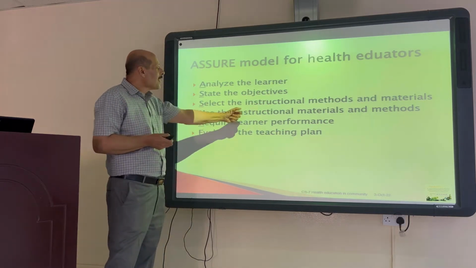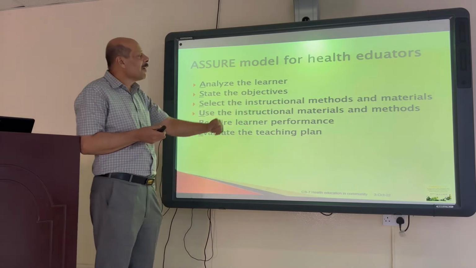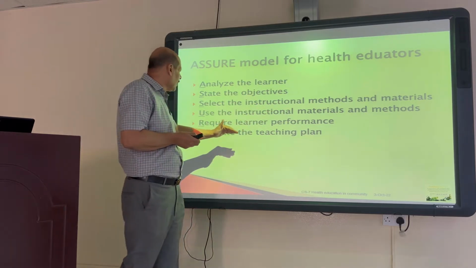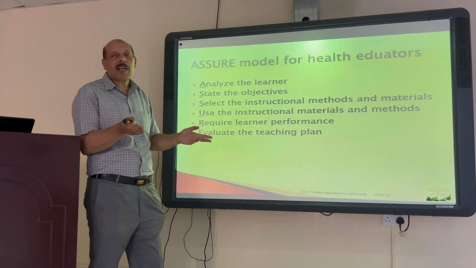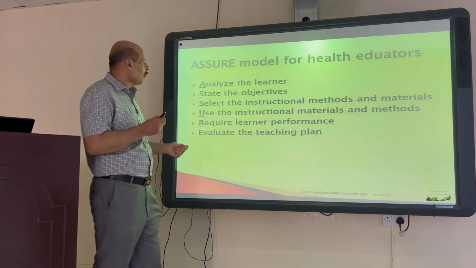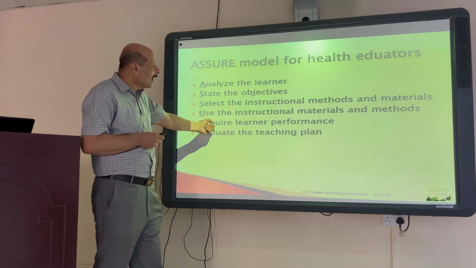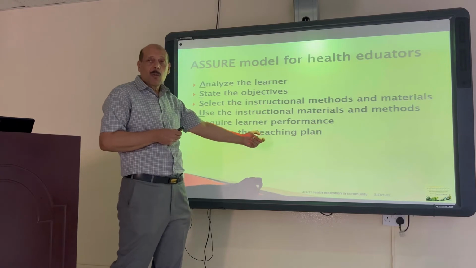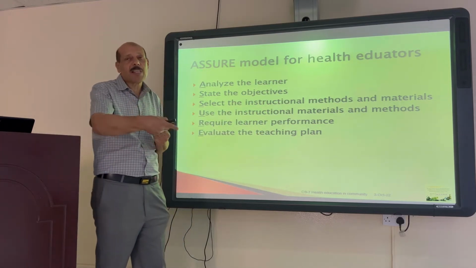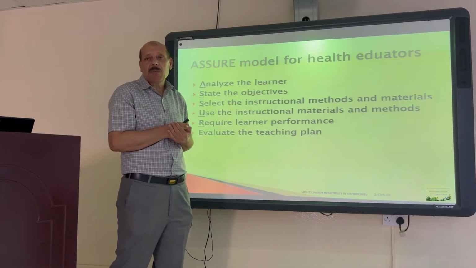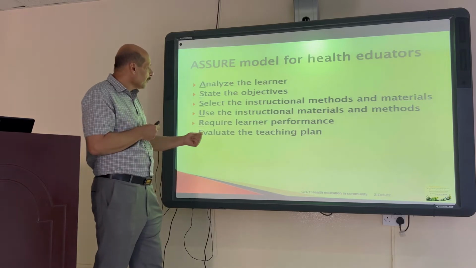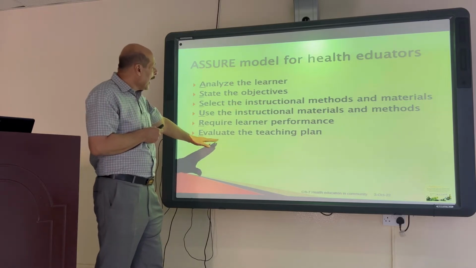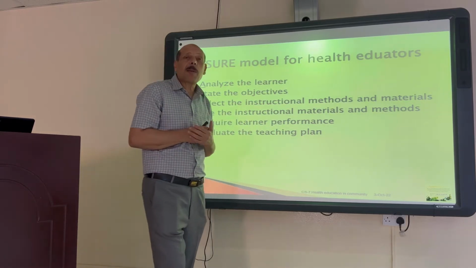Also, utilize the instructional material and method. What instructional material and method will be used? Required learner performance: what is the required performance that I want to achieve from the learner? And evaluate the educational plan.